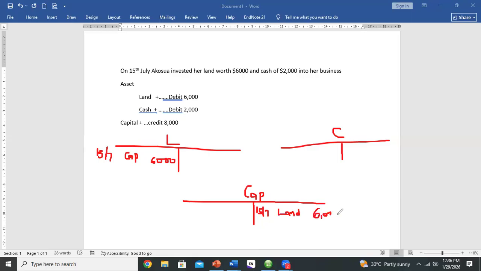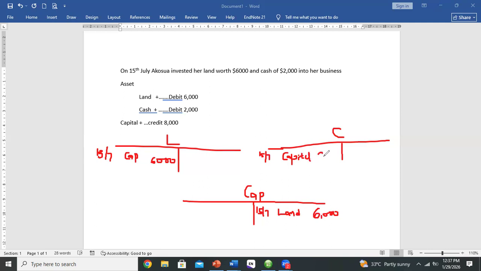So when we come to the cash account, that one is to debit. So 15th July. The narration will be what? Capital. The amount is 2,000.